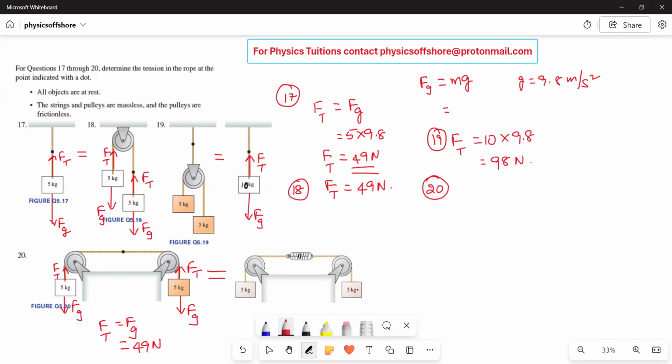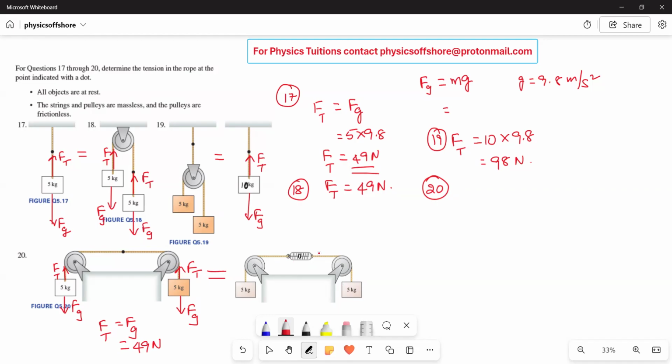Both are balanced by each other. This is a very common question. But the student will think that they have to give Ft as 10 kilograms and give the answer as 98 newtons. That is wrong. It is just 49 newtons.